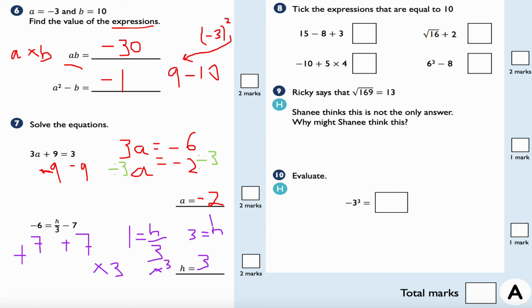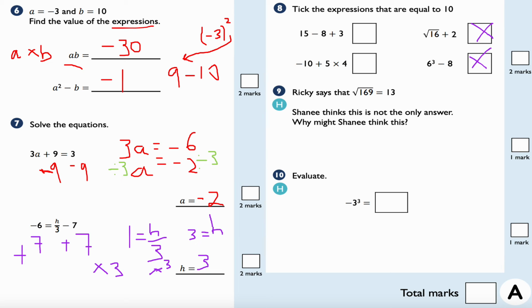Next question, guys. Tick the expressions that are equal to 10. Square root of 16 is 4. 4 plus 2 is 6. So it's not this one. So cross that off. It can't be that one because 6 cubed gives me a 3-digit number. Take away 8, I will still get a 3-digit number.